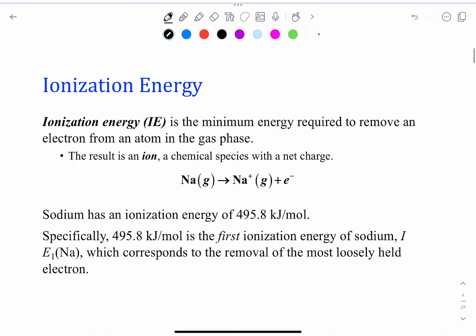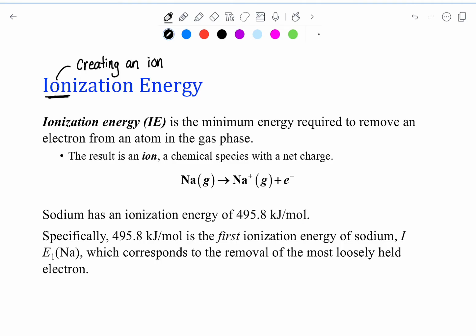Our next trend is ionization energy, or IE, and that is the minimum amount of energy required to remove an electron from an atom in the gas phase. Ionization, we see the word ion in that, so this is literally creating an ion.